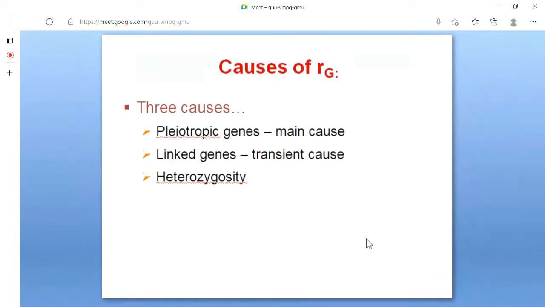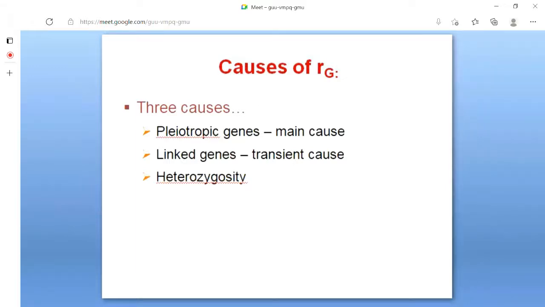There are three possible causes. One is the pleiotropic genes, another is the linked genes or linkage, and another one is heterozygosity. These are the three possible causes. And pleiotropic genes, what is that?